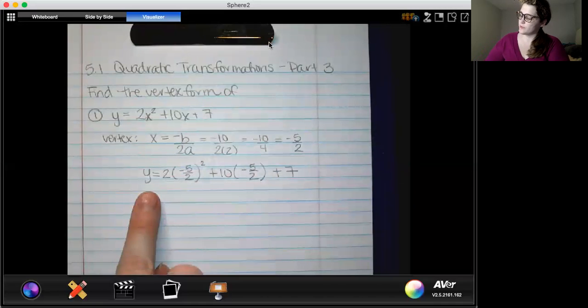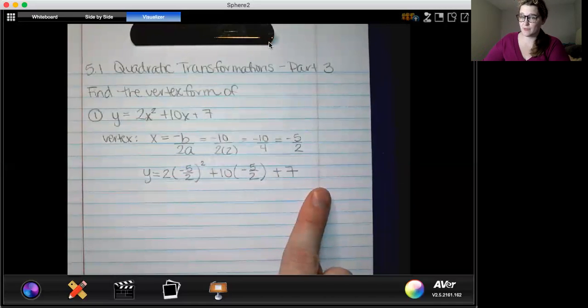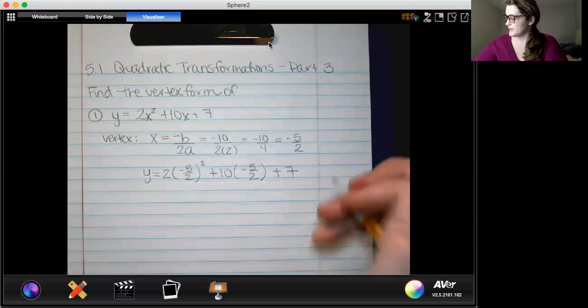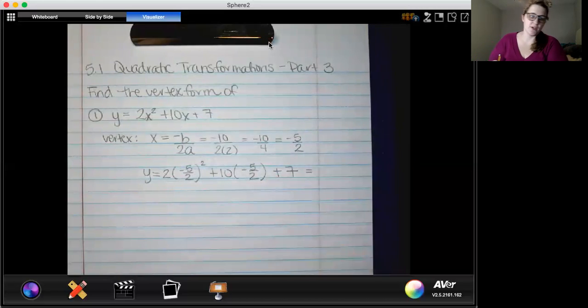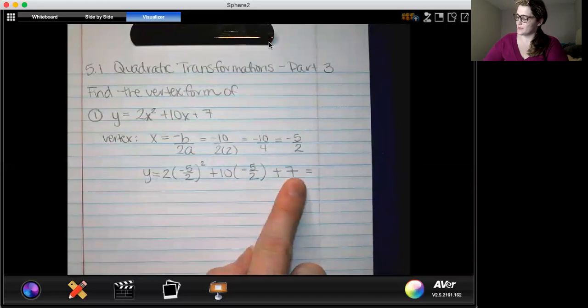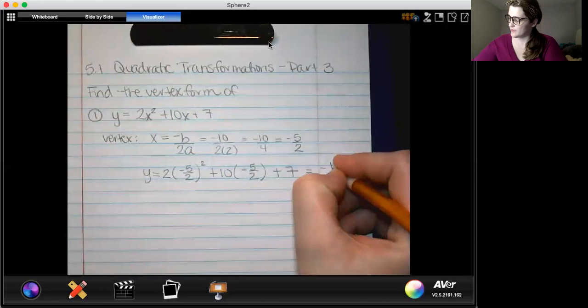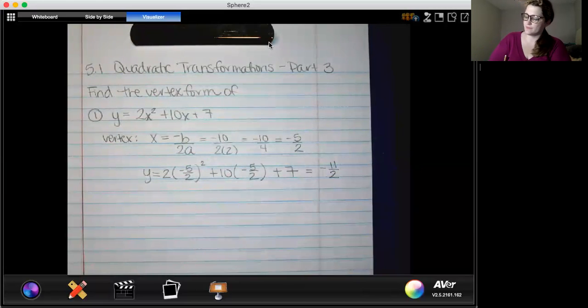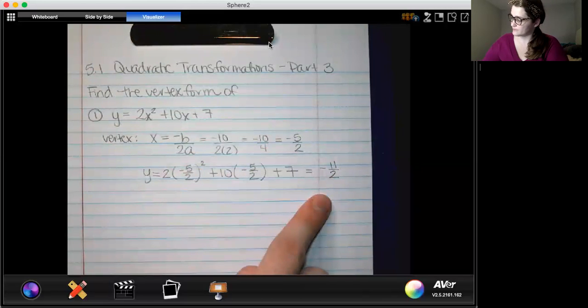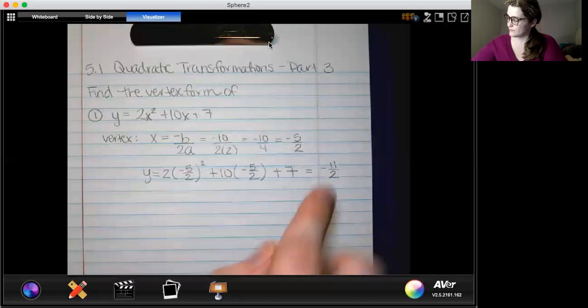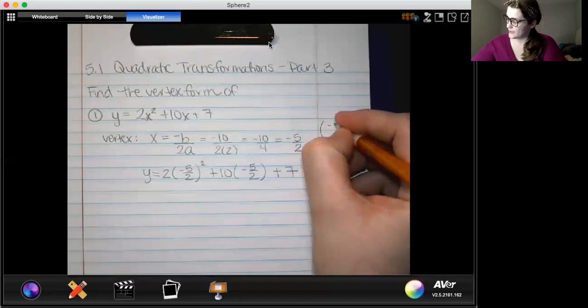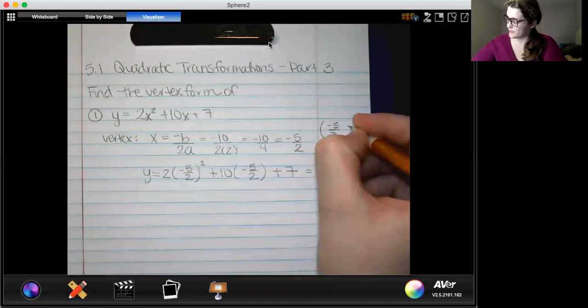Now remember, once you write this all out, you can just type this in your calculator and figure out what that equals. So type that whole thing with parentheses, everything in your calculator, and you should get negative 11/2. Okay, so we have our vertex of negative 5/2, negative 11/2.